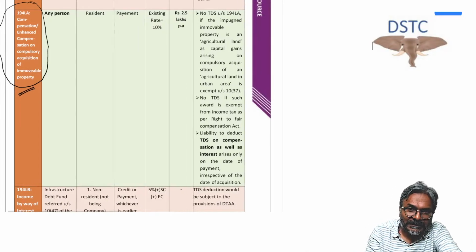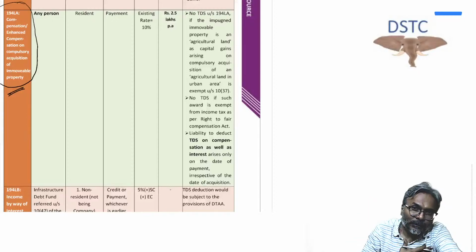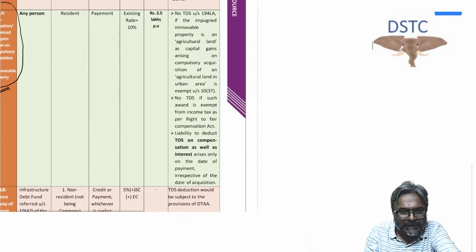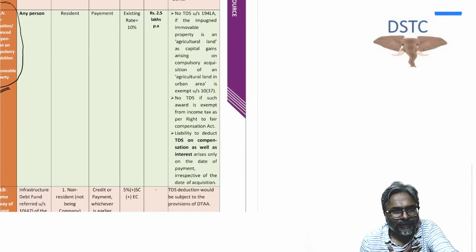So now in that case, I am getting a compensation. I am the owner of a particular immovable property, and the government is giving me what? The compensation. Now on that particular compensation amount, students, the question that arises is: is it capital gains for me? The answer is yes. A compulsory acquisition is also a transfer.